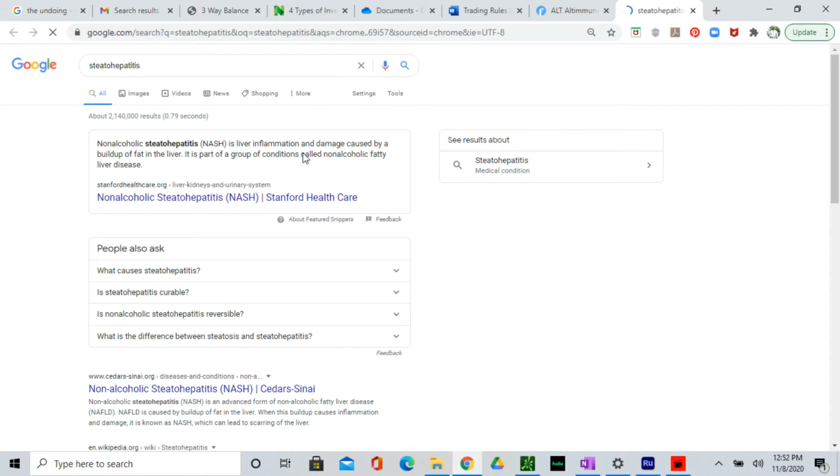Yes, a liver inflammation damage caused by the buildup of fat in the liver, right? So it's a buildup of fat because obviously there's no glucose that is available or stored to be used, right? The medical condition.